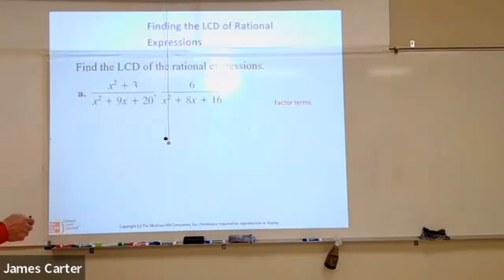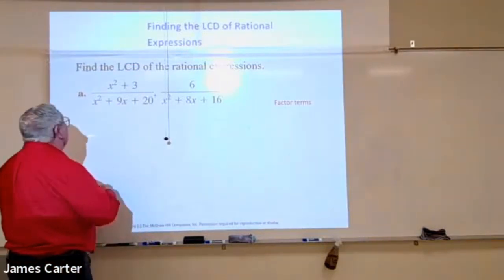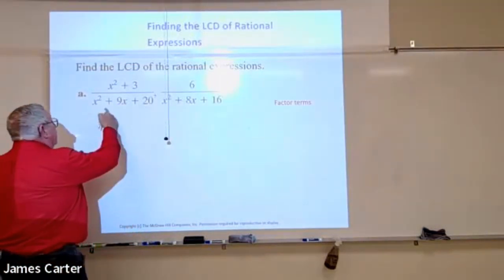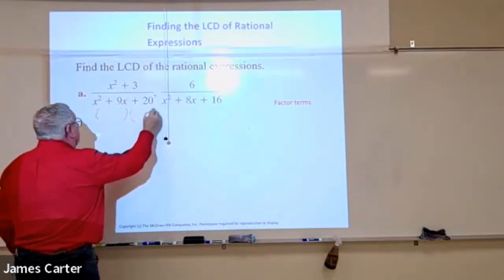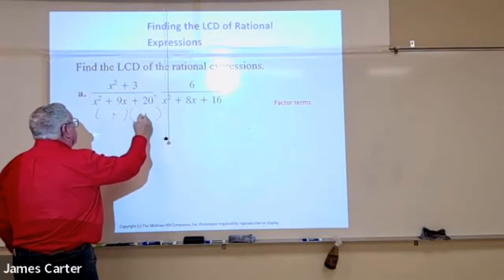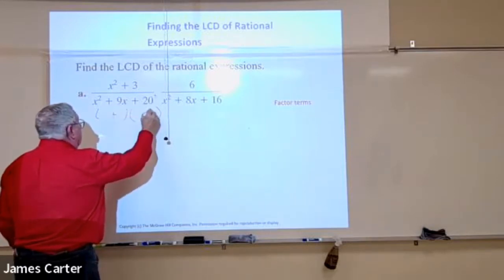Now, A to the fourth is the highest power, B to the second is the highest power. What about this thing? Well, we got to factor these first. Okay, we've got to factor these. So this factors into plus 5 and 4 makes 9.